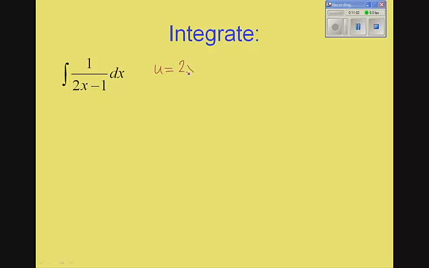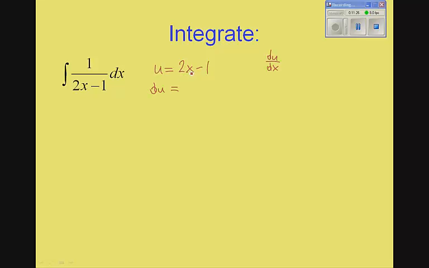If I let u equal the denominator, what do I do next when I do an integration by substitution? I compute du. So what does du equal? Okay, let me do an intermediate step. What I'm really doing is du/dx.